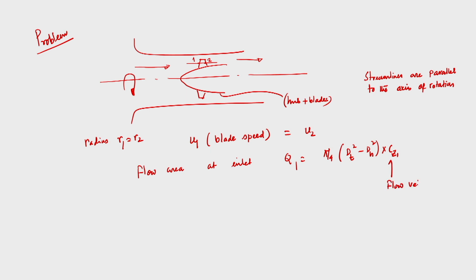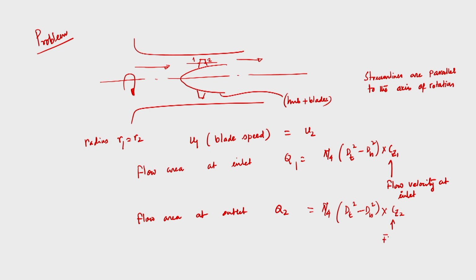Similarly, the flow rate at the outlet, Q2, should be pi by 4 into D tip square minus D hub square into Cz2.